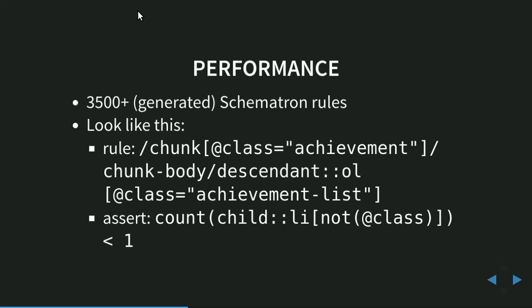We assert there must not be any list items in it not having a class. It's a bit of a roundabout way of writing it, but it's basically the same. We can't run all of these 3,000 plus Schematron rules on every single keystroke, because every single keystroke may invalidate a rule one way or another.